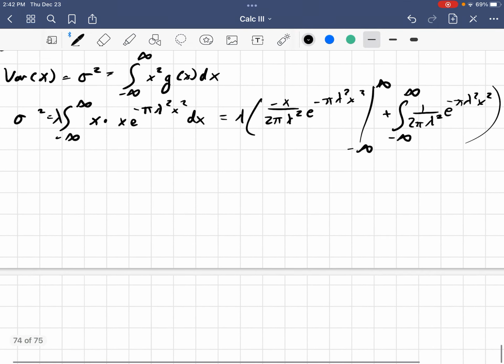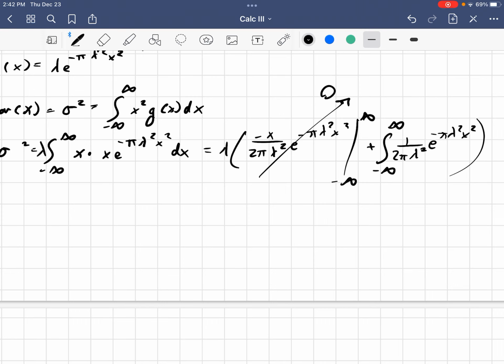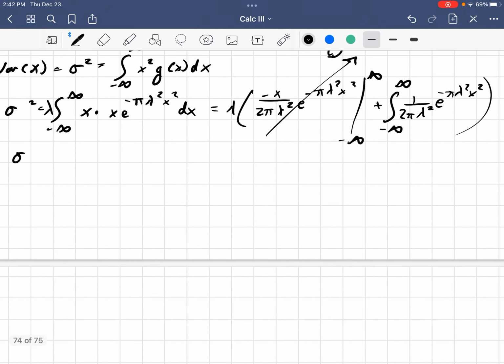Okay, so now notice that this first part goes to 0, because with x squared this exponent is always negative, so it's e to the negative something, and that will go to 0 in both cases. So now what we get is that sigma squared is equal to lambda times the integral from negative infinity to infinity of 1 over 2 pi lambda squared e to the negative pi lambda squared x squared dx.